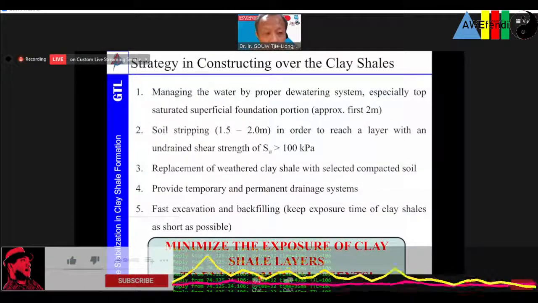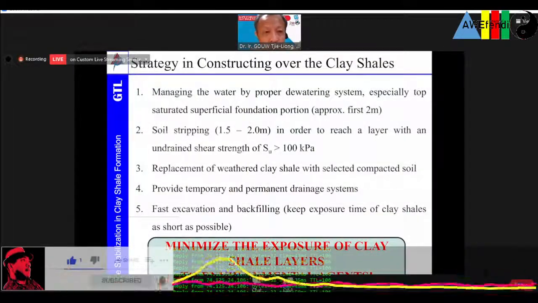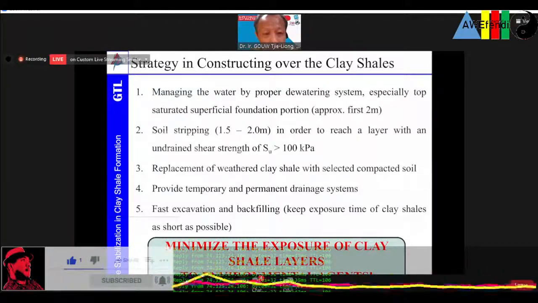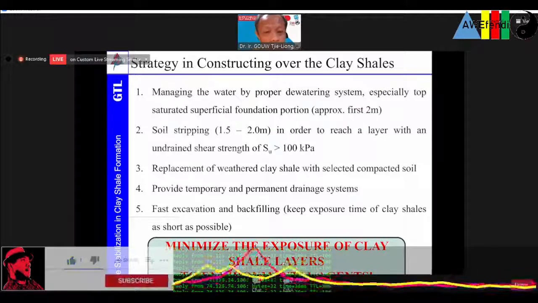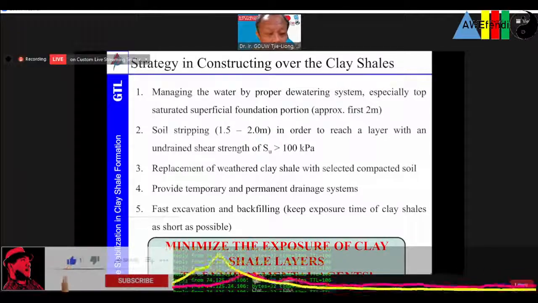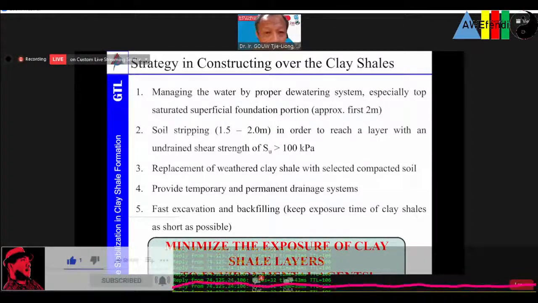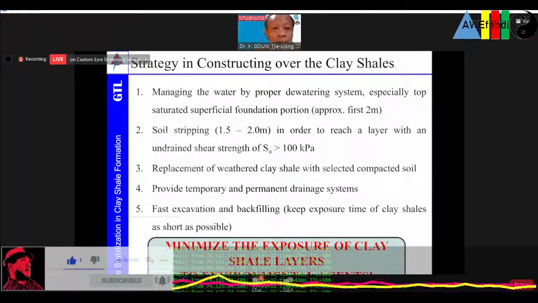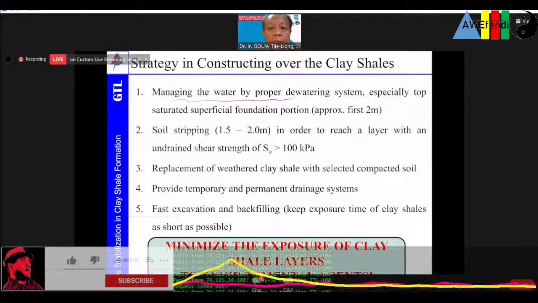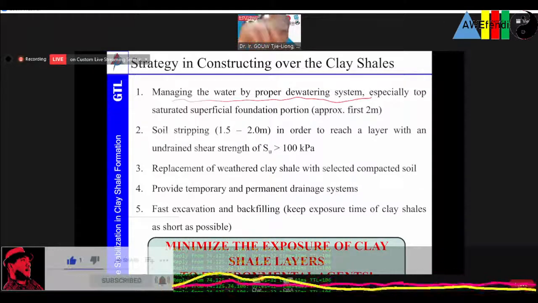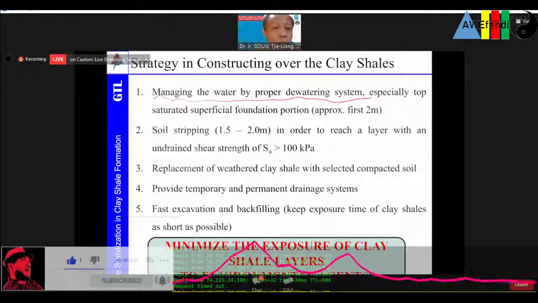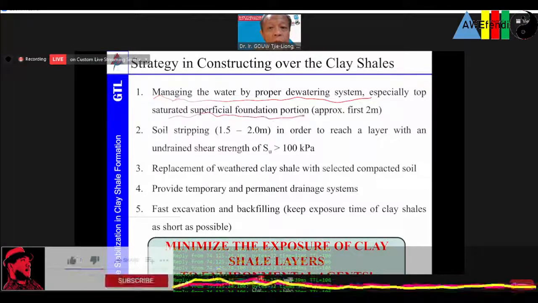So what we do when we build this is, of course, first we have to do a proper design calculation, which will be explained later. What I suggest is that first we manage the water properly with a drainage system, if we have water at the bottom of the slope to be built, especially in the top saturated superficial foundation portion.